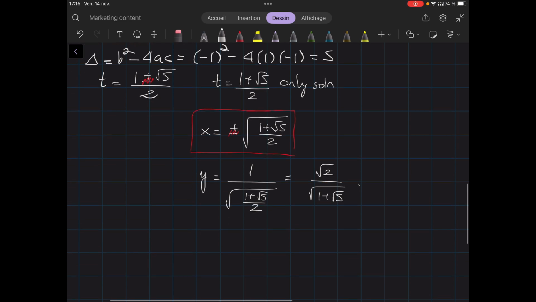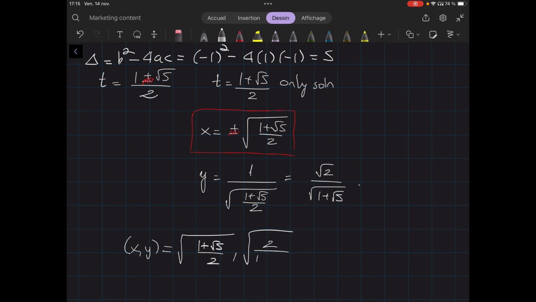Et voila, your final answer would be x equals the square root of (1 plus root 5) divided by 2, and y equals the square root of 2 divided by (1 plus root 5).